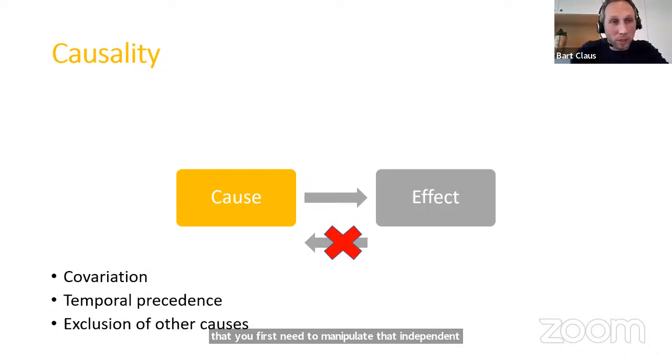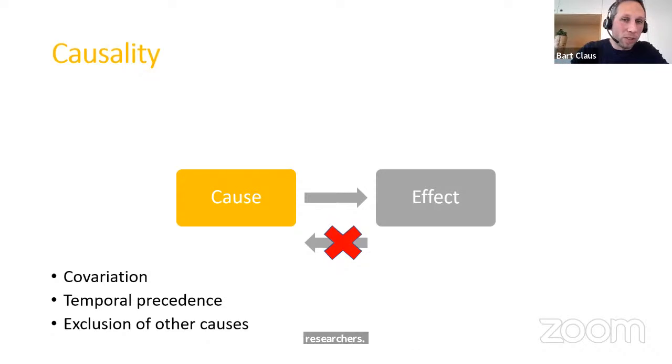And that this effect is not explained by other variables. And so this is challenging to many researchers, and lots of mistakes are being made with that, even by experienced researchers sometimes, because sometimes the difference between what is causal and what is correlation is very subtle, right?